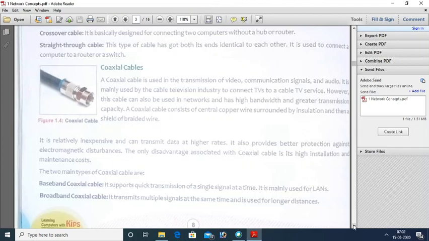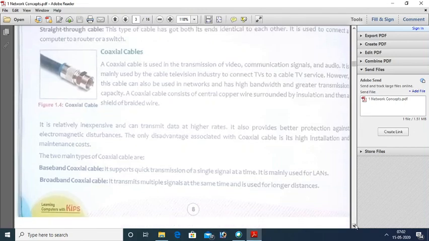Baseband coaxial cable supports quick transmission of a single signal at a time. It is mainly used for LAN. Broadband coaxial cable can transmit multiple signals at the same time, and it is used for longer distances.